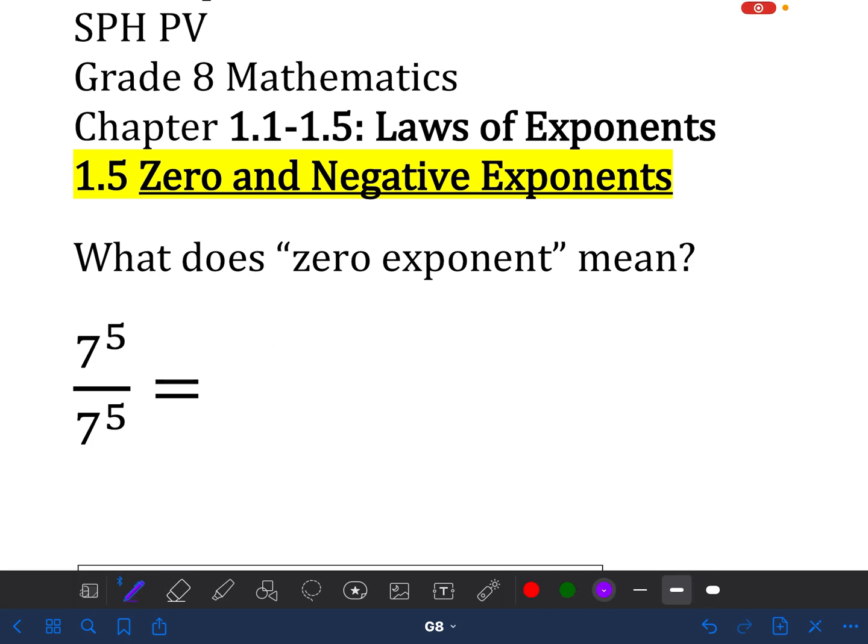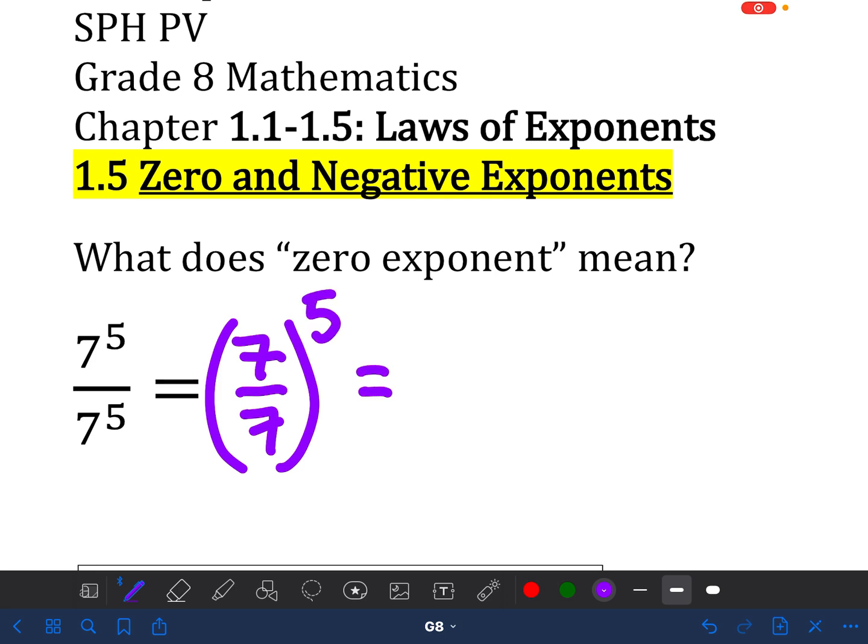But if you already know some laws of exponents, here you have the same base and the same exponent. So you could do two things. Gather up the bases and raise it to the same power, or you could keep the base 7 and subtract the exponents.